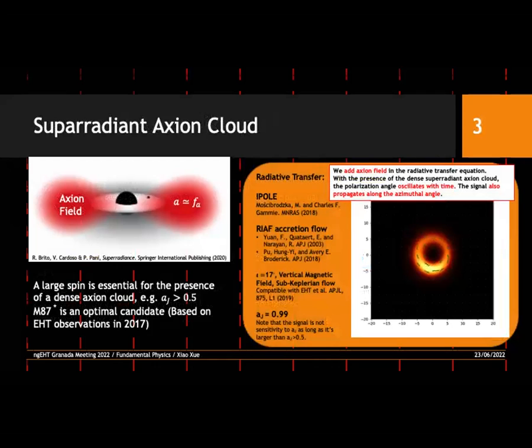Okay, so how this is connected to the black hole is that we consider the superradiance mechanism, which means that around a black hole that has a relatively large spin and a certain mass, it can create a very dense axion field that has an almost maximum value, almost equal to Fa.